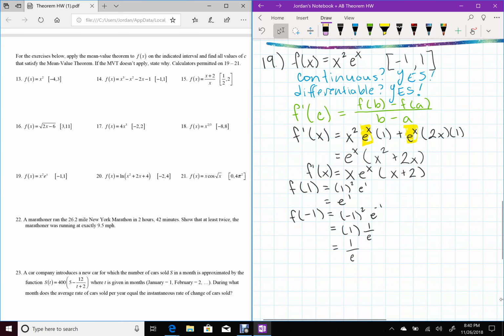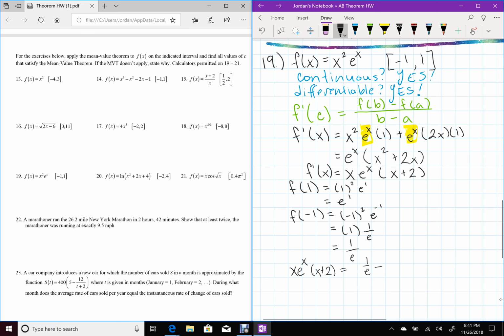Okay, now we're going to combine it all. So we have x, e to the x, x plus 2 needs to equal f of b, which is f of negative 1.